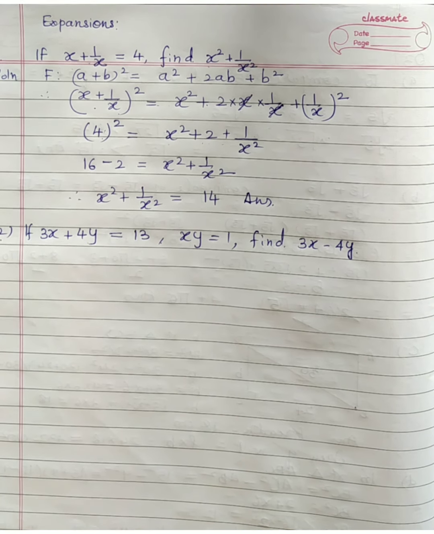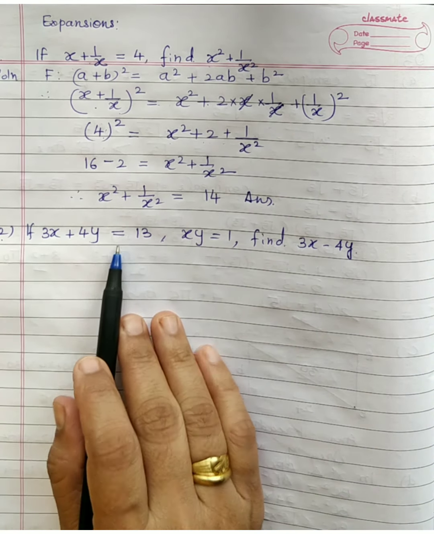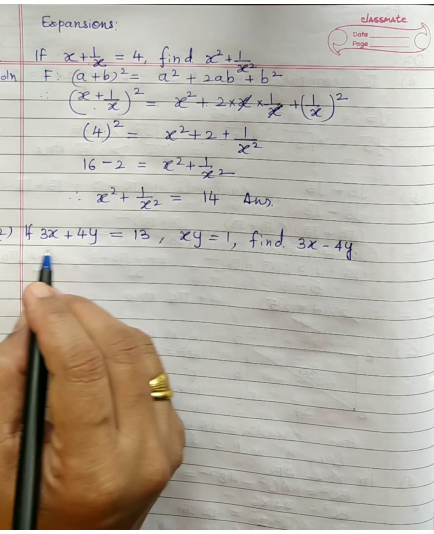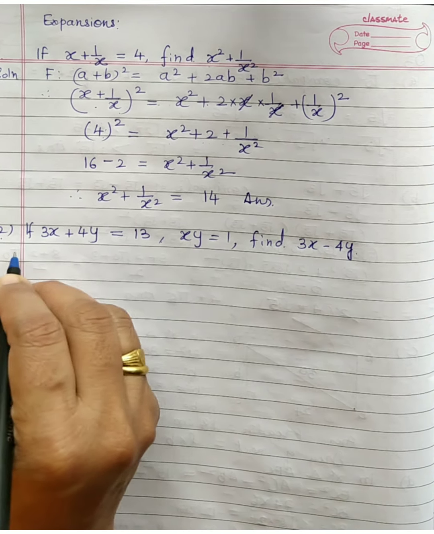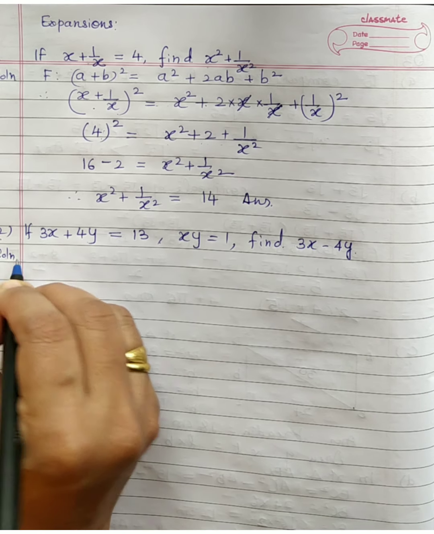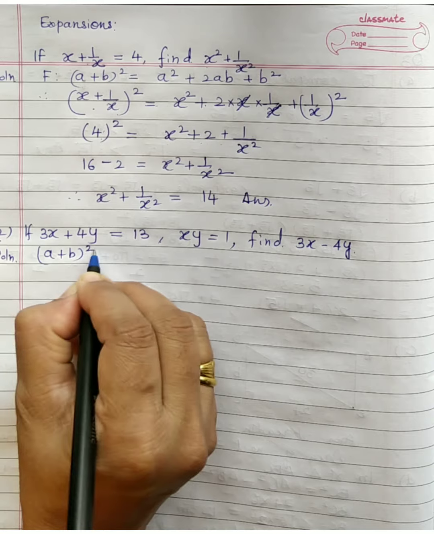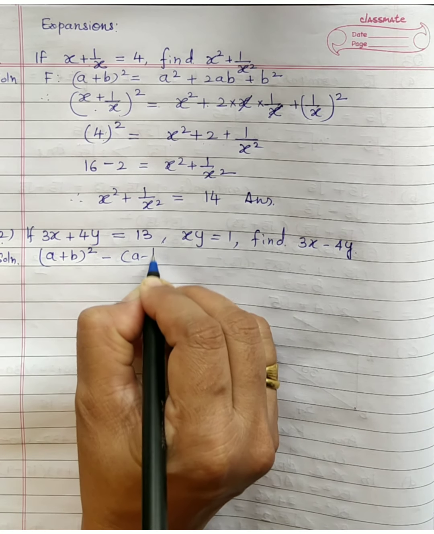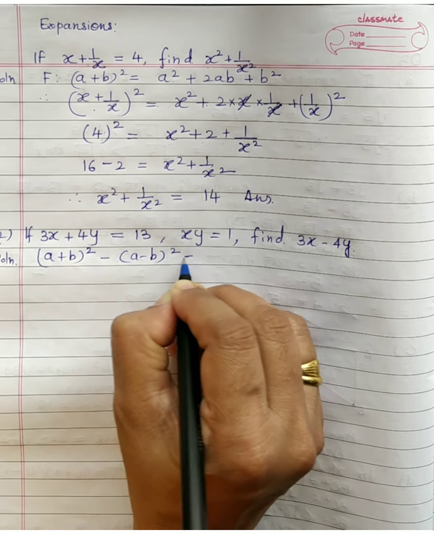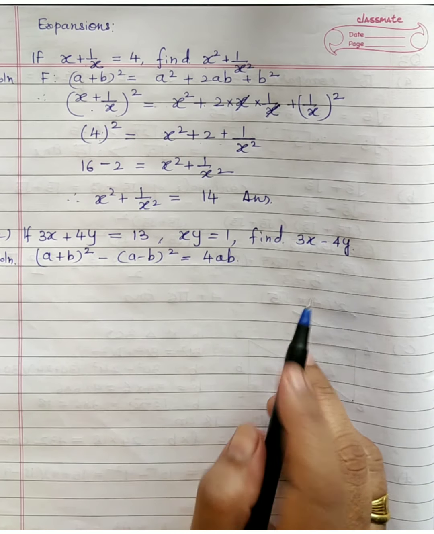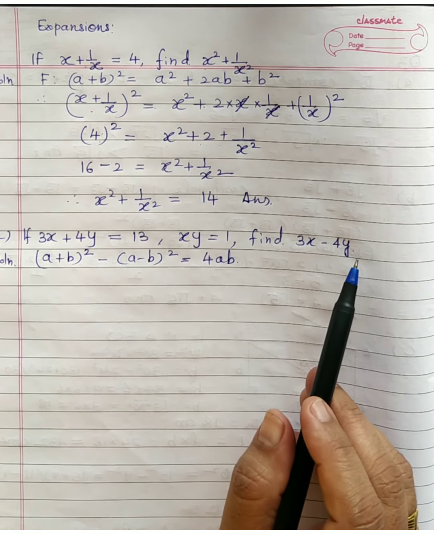Since we can use the formula here, I will show you by using the formula. As I have mentioned, you can follow any method of your choice. So which formula do you remember? The fourth one which I have explained to you, that a plus b the whole square minus a minus b the whole square is equal to 4ab. Now if the question comes to your mind, how do we understand which formula is to be used?